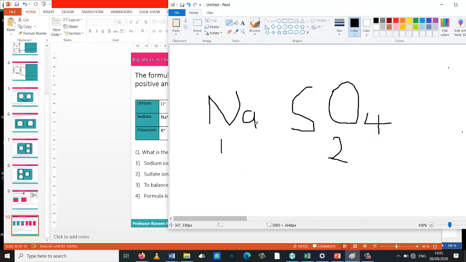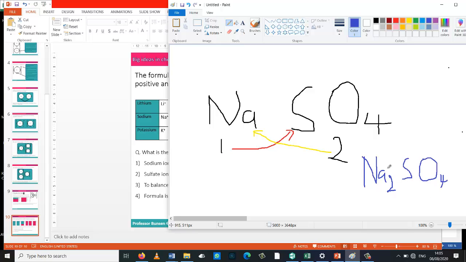It therefore means that when we try to cross the arrows, the 1 of sodium will go to the sulfate ion, while on the other hand, the 2 will be exchanged to sodium, and that is why finally we'll have this general formula for sodium sulfate as Na2SO4.